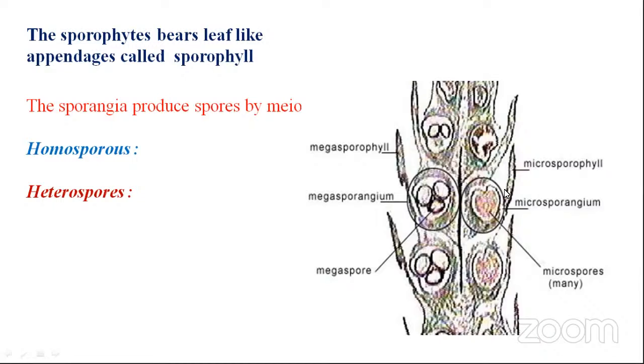And within the microsporangium, many small male microspores are present, resembling the male structure. Megaspore resembles the female structure. Here the larger megaspore and the smaller microspores are present. Two types of spores are produced, so it is called heterospores. So spore development may be homosporic or heterosporic.